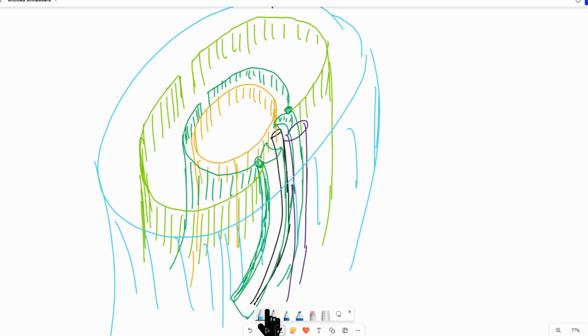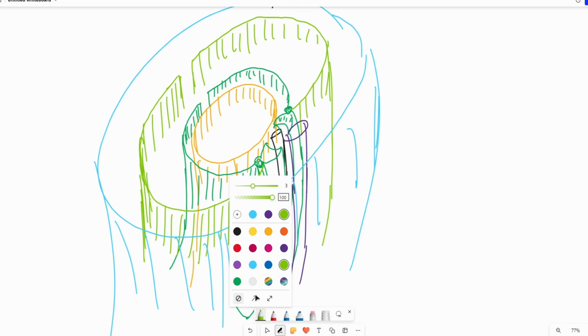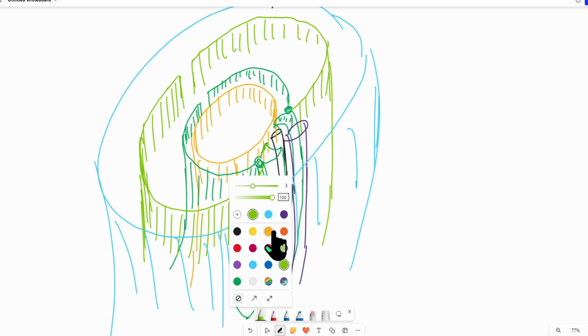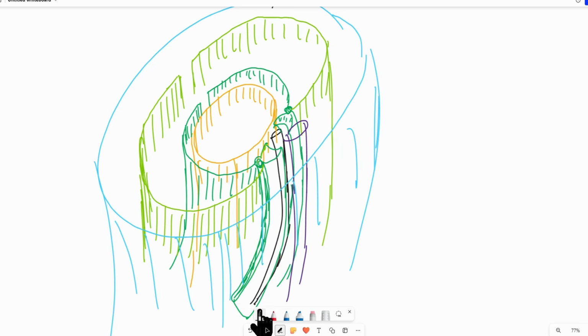Right, now the thing that I want to tell you is that this paraxial mesoderm gets divided into segments. For example, let's suppose this is a single segment, then another segment, and of course we will have multiple segments. We have discussed these details in our previous lecture about the somites. So basically these segments are somites.